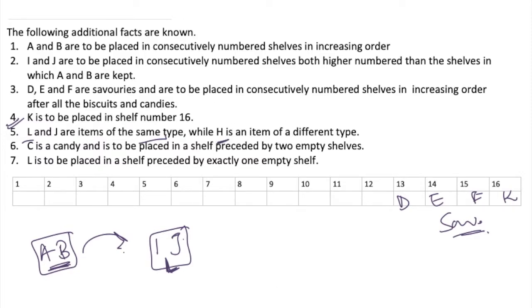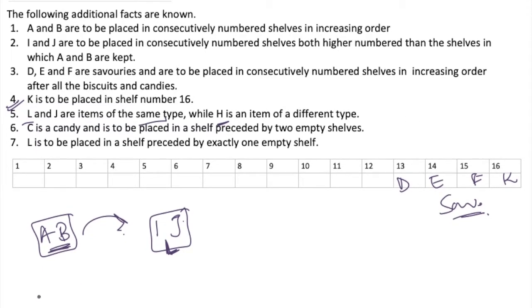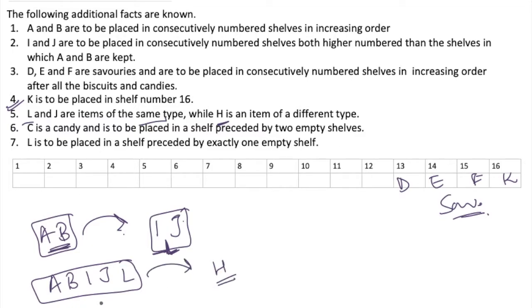So now we have two cases. The first case is if A and B are of the type I and J, then we will have A, B, I, J, L as a group, and H will be placed in another item. If these are 5, these will be biscuits and H will be placed in candies.